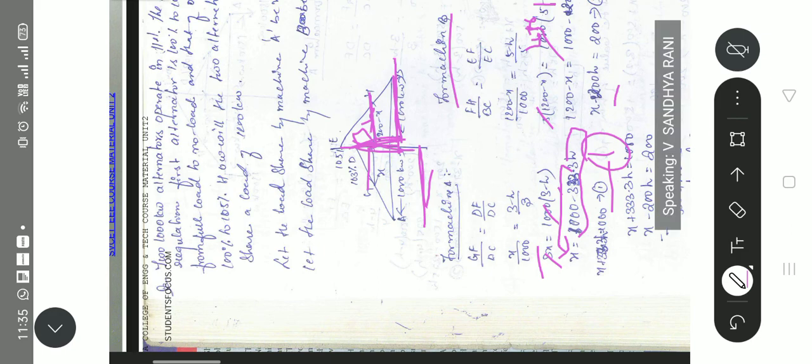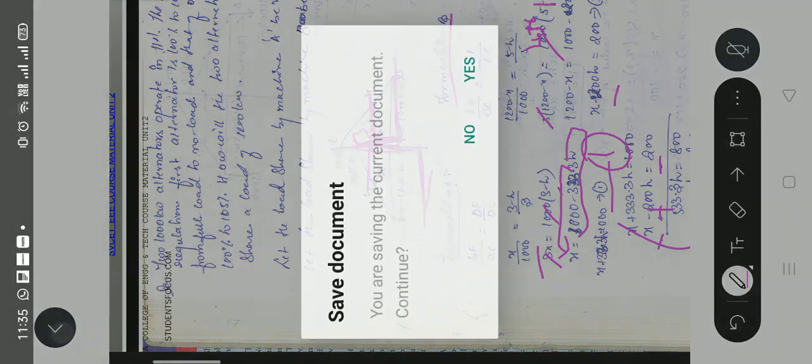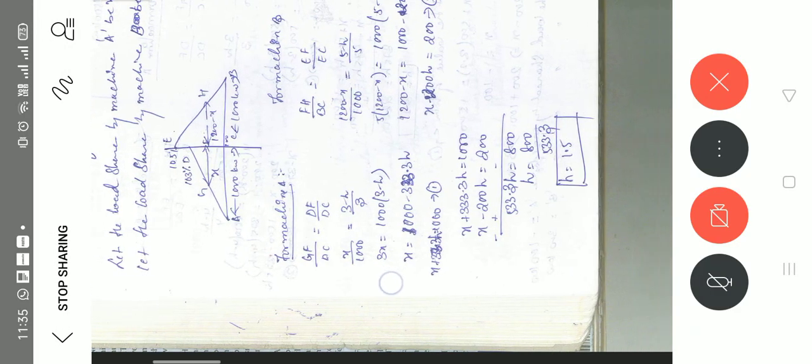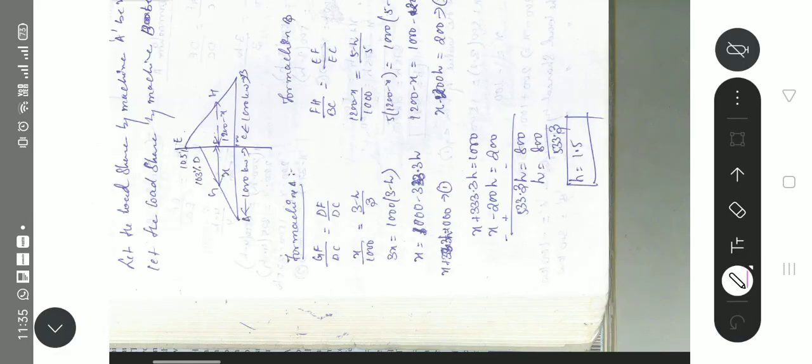Then from both equations we can subtract, and X is cancelled. We get 533.3 H is equal to 800. From this we can calculate the H value, which is 1.5.